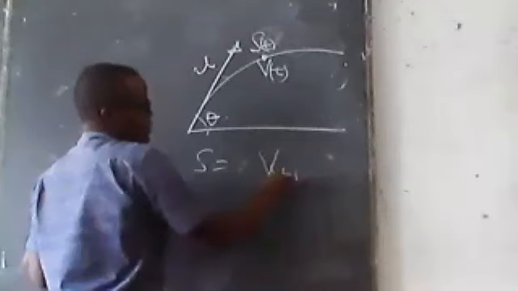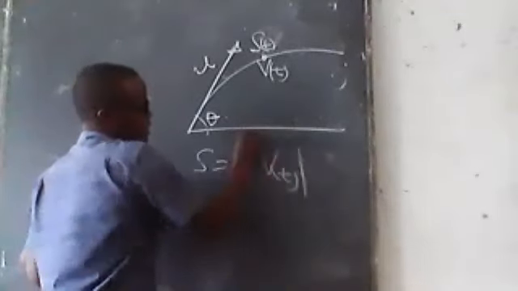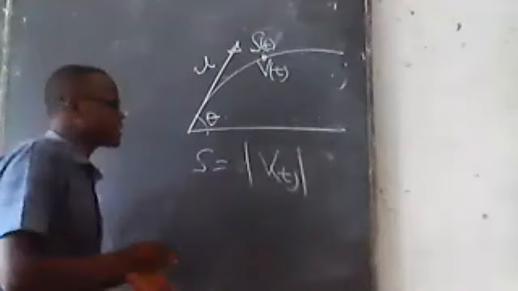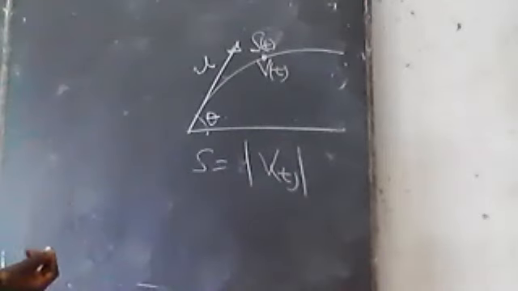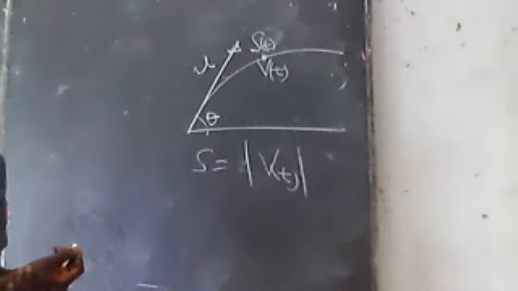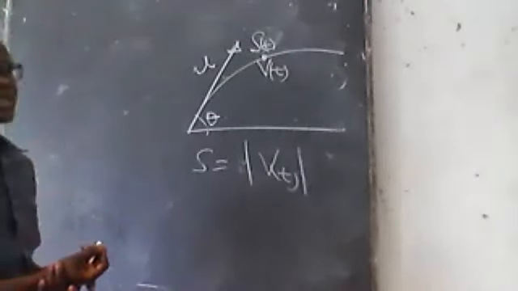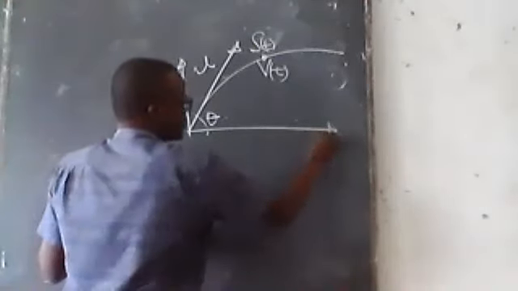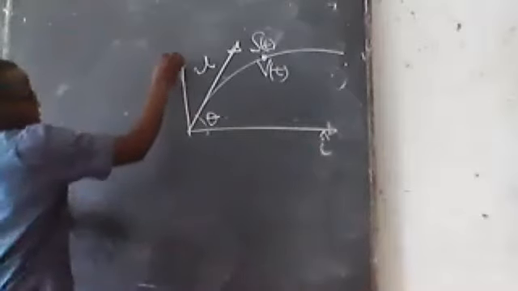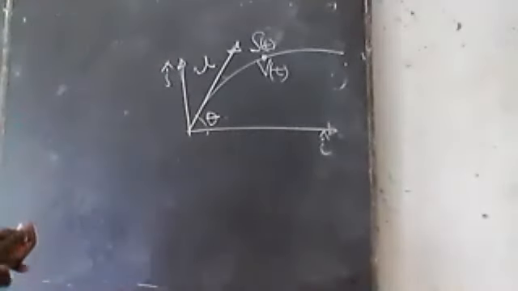If I have my initial velocity as u, then it means that horizontally we have a unit vector i, and then vertically we have a unit vector what? Unit vector j. So in the unit vector i, what is going to be u?